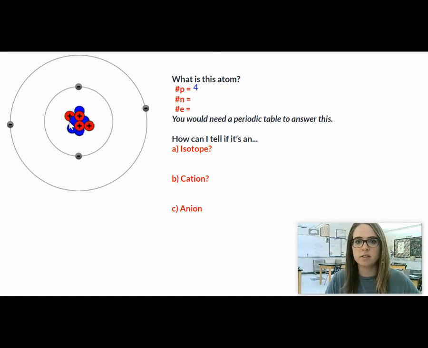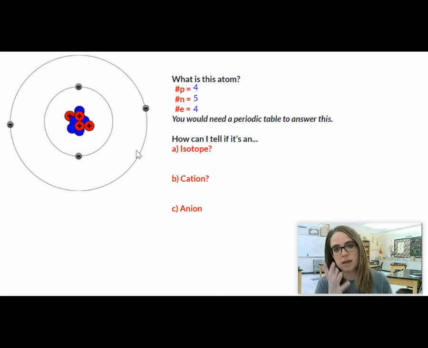Notice these are negative. These blue ones here have no charge on them. I can actually see 1, 2, 3, 4. That's right, 5 neutrons. Now, the number of electrons, the negatively charged particles, I have here is 4. With this information, even from my first question, how many protons are there, I can tell what atom it is.